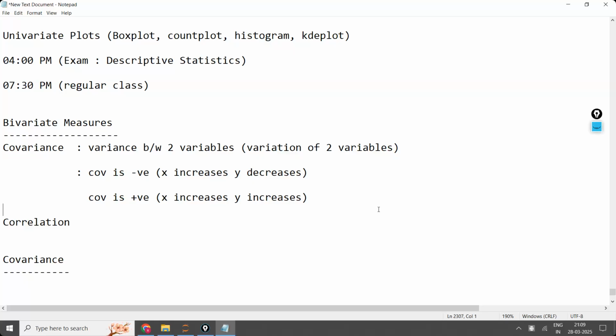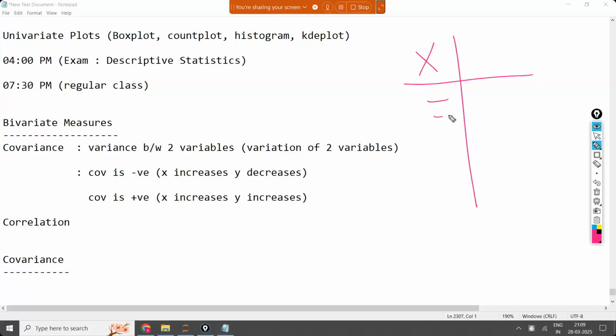Keep the heading as x and write any 5 values in ascending order. Similarly, take y values, any 5 of your choice, in ascending order.